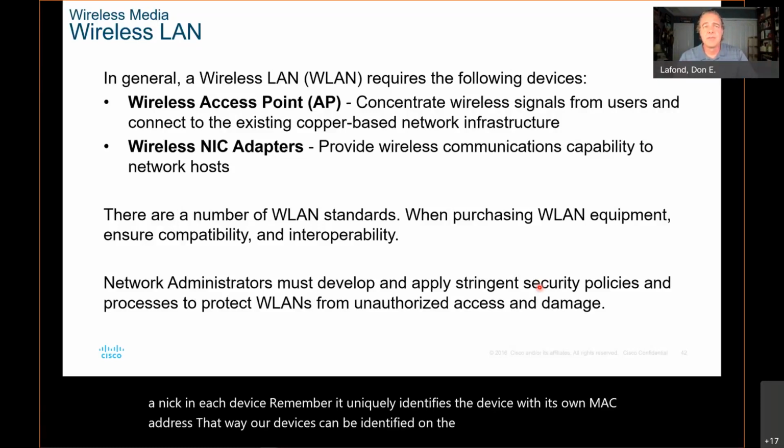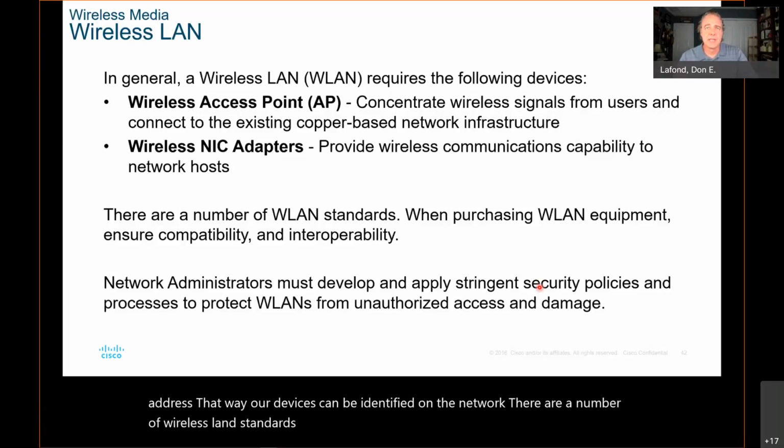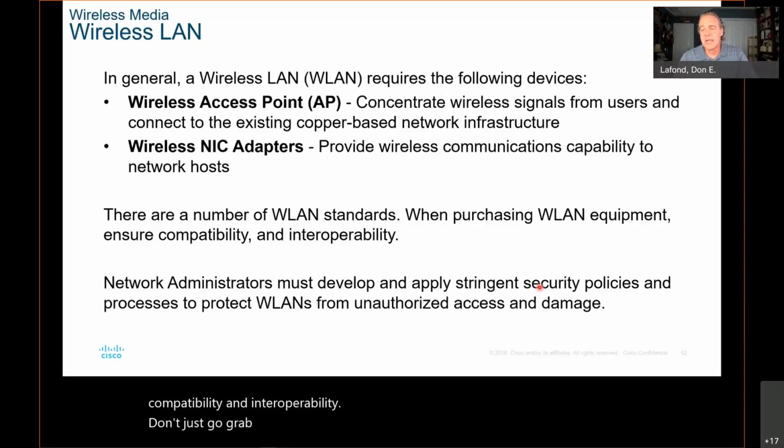There are a number of wireless LAN standards. When purchasing wireless LAN equipment, ensure compatibility and interoperability. Don't just go grab an 802.11b device if you can find it just because it's $9.